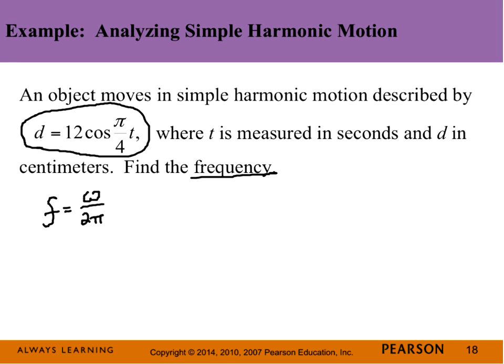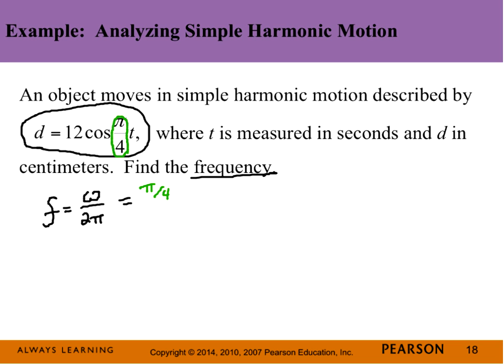Okay, so the same equation here. This time they're asking for the frequency. Well, we know the frequency is equal to W over 2 pi. W sits here as the coefficient of t.